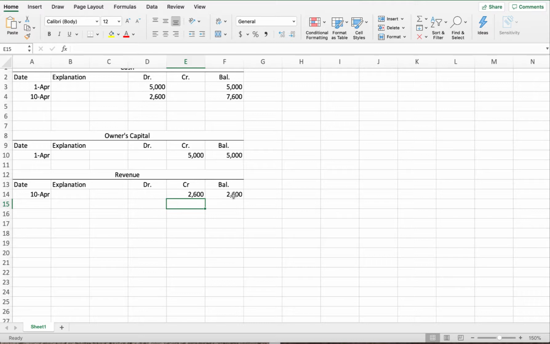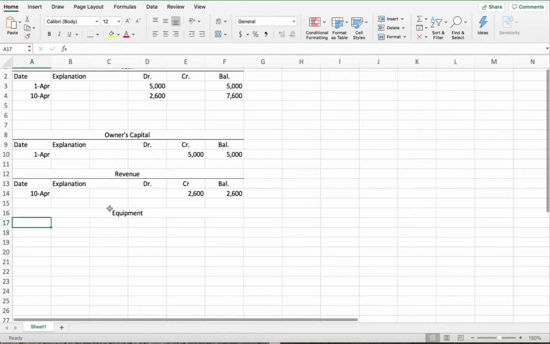So first thing I'm going to do is create a ledger account for equipment. I'm going to go to Merge and Center, and say, hey, this is equipment.